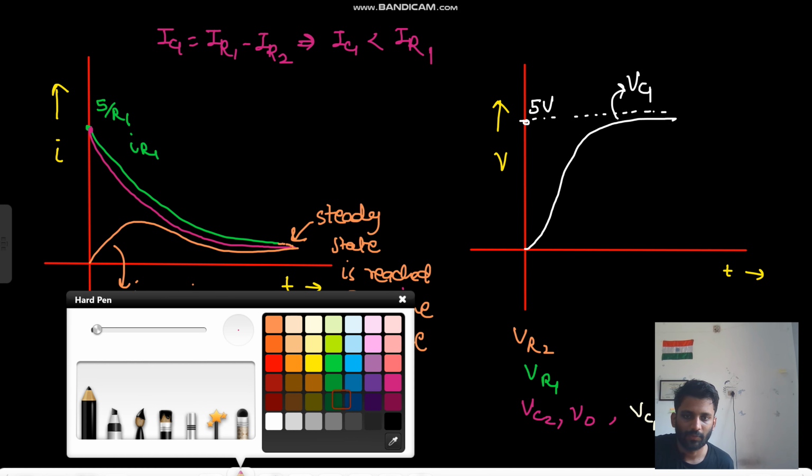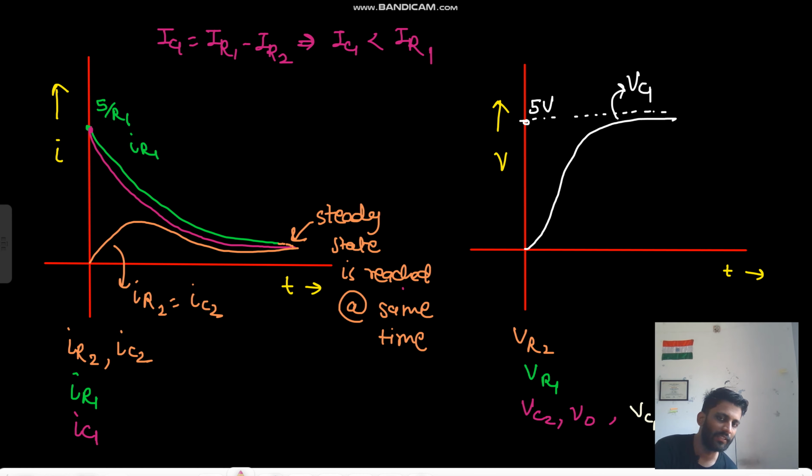Now talking about VC2. So initially your VC2 is 0 for some time, right? Then it starts charging and goes to steady state at the same time. So this is VC2 or V0. Okay, so initially it is 0 for some time.